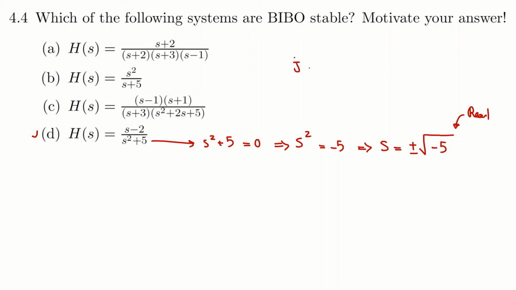So consider j, which we know equals the square root of minus 1, so j squared is minus 1. That means I can write s equals plus minus of, instead of minus 5, j squared times 5. J squared is minus 1, so this equals minus 5. Agree?